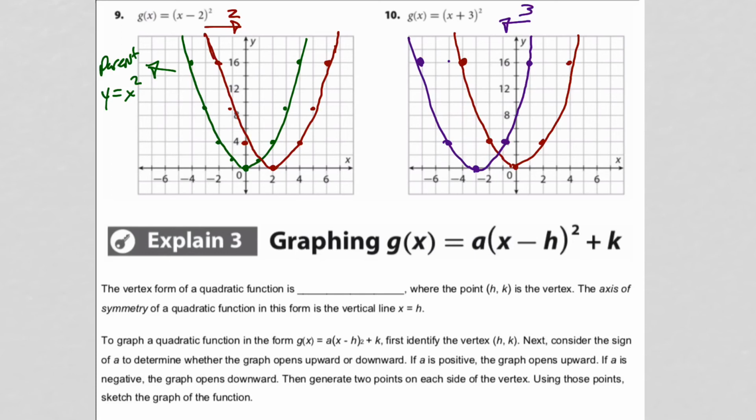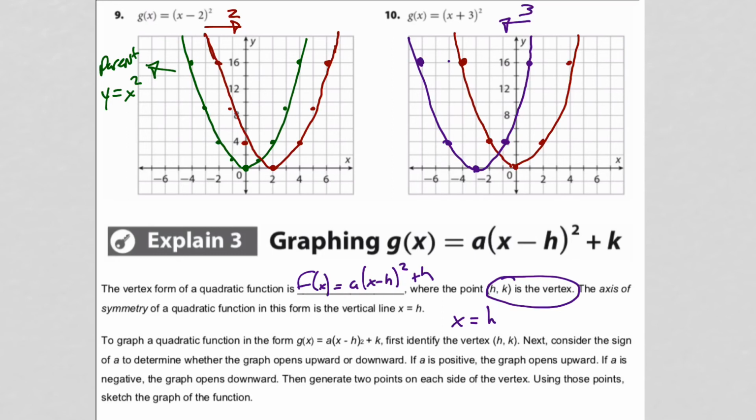So let's see. Next up, we've got the vertex form of a quadratic function. All this means is f of x is equal to a times x minus h squared plus k. Right, we've already covered this. H and k are the vertex. The axis of symmetry is x is equal to whatever h is.